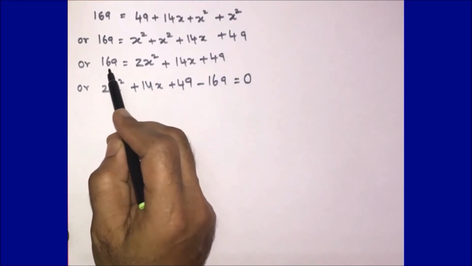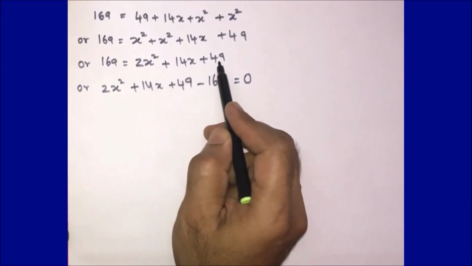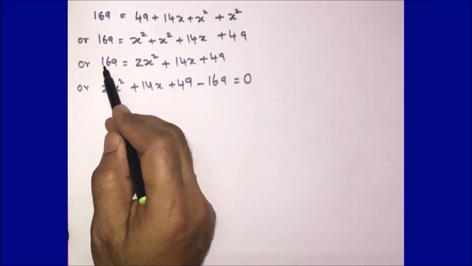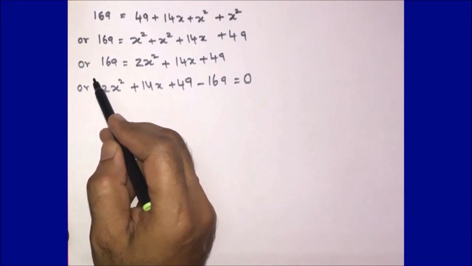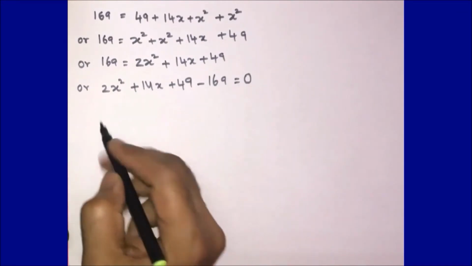Just bringing this 169 to the right side of the equation. Here 169 is a positive value. Once it comes to the other side, it becomes negative.